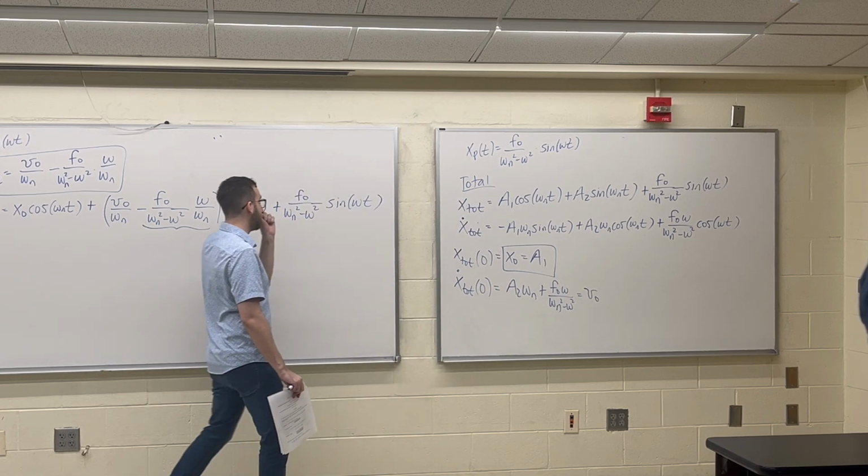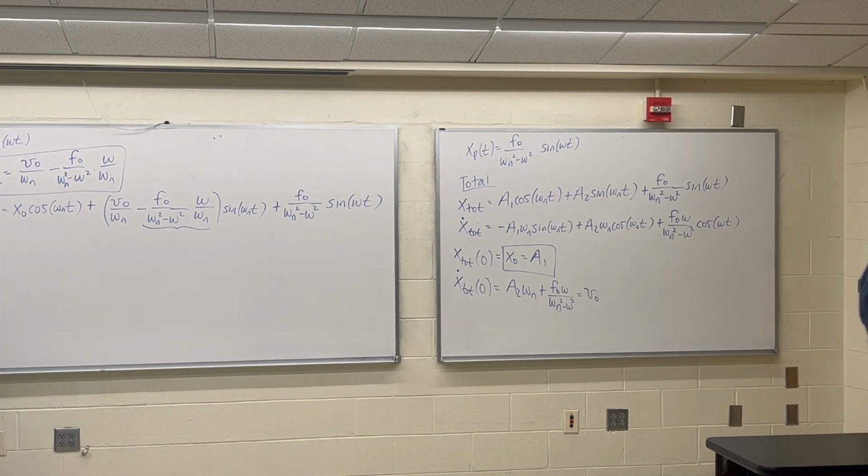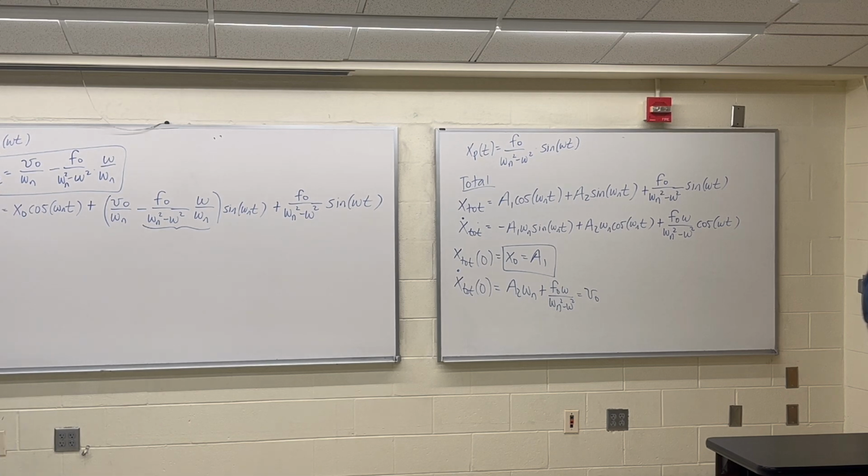The homogeneous still has an impact because of what happens when you plug in time equals 0. Because even though it's in steady state, that's dependent on the external force, the natural frequency must have an impact on the response. If I change the spring, it can't have the same exact response. It's going to be different. It has to be. So there has to be some term there.